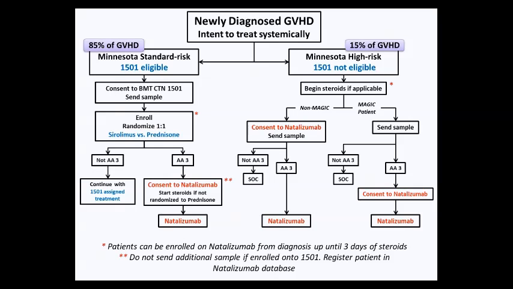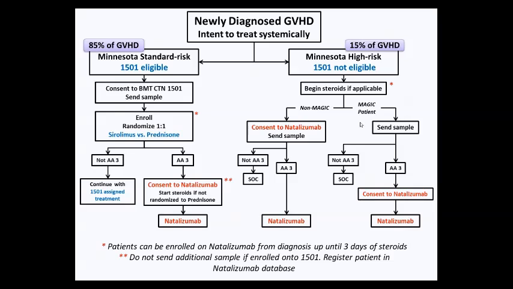They have a different way of certifying that. You need to use the app. There is an app for that. You just put all the data there and they tell you standard risk versus high risk. If it's high risk, it's not 1501 eligible. You begin the steroids if you're really concerned that it's a bad disease.